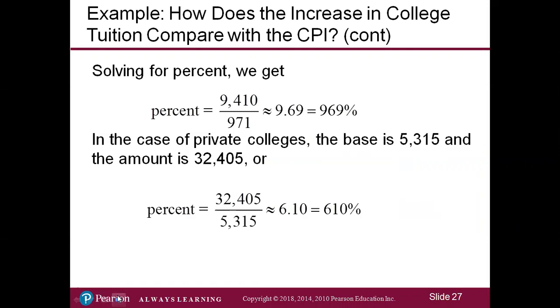In the case of private colleges, the base is 5,315 and the amount is 32,405, so percent equals 32,405 divided by 5,315, which is approximately 6.10, or 610%.